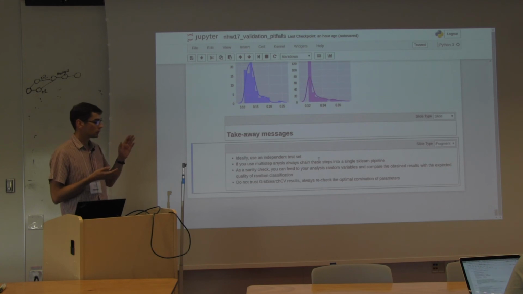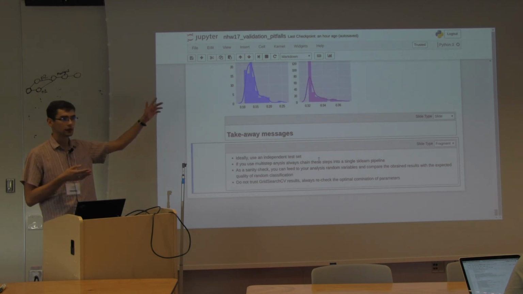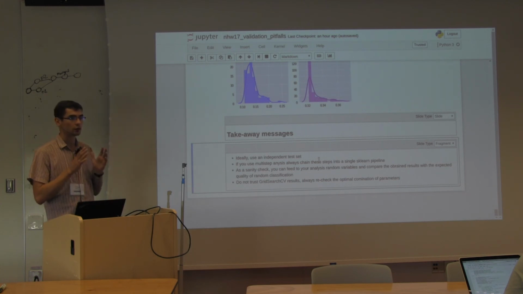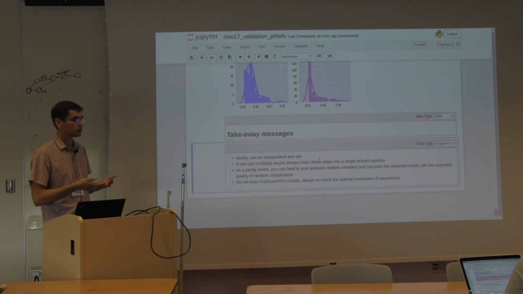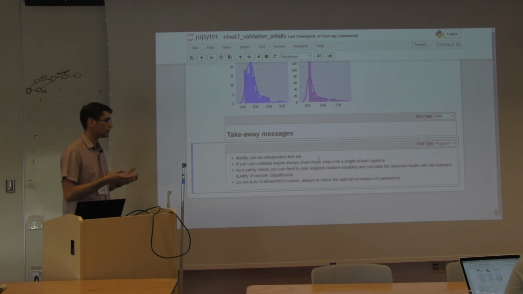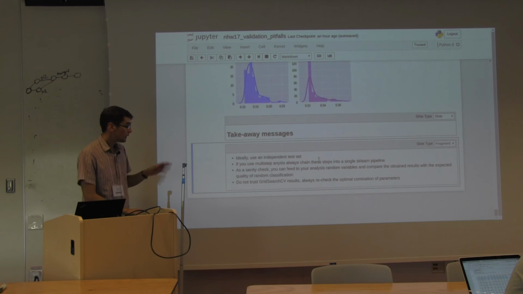If you do multi-step analysis, selection of features is just an example, it can be different steps. You should always merge these steps into a single pipeline and estimate the accuracy of this pipeline as a whole undividable thing.